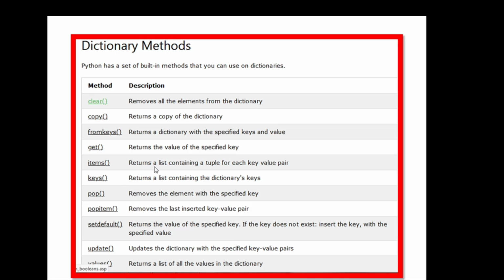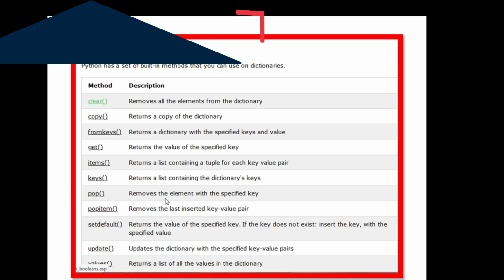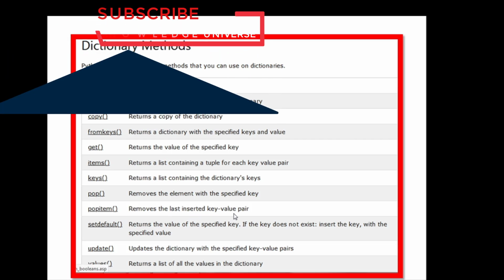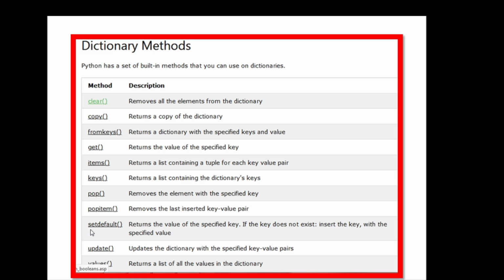Items returns a list containing a tuple for each key value pair. Keys returns a list containing the dictionary's keys. The function pop removes the element with the specified key. Pop item removes the last inserted key value pair. The function set default returns the value of the specified key, and if the key does not exist, inserts it. Also, you can use the function update, which updates the dictionary with the specific key value.